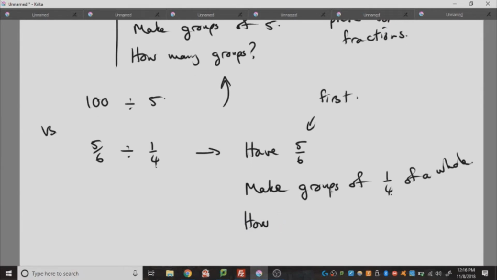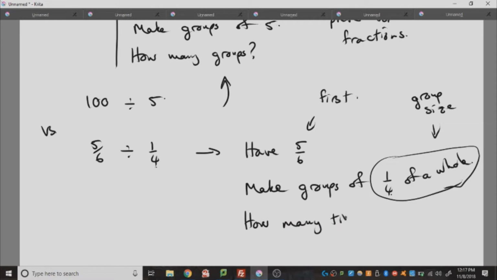I'm making groups of this size. This is the group size. And I want to refer to group size and all those things. How many, I'm going to go with times. How many times can I fit it into what we have?